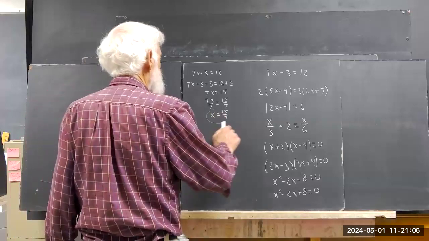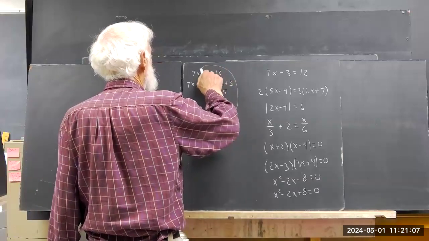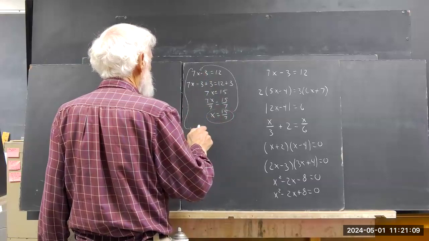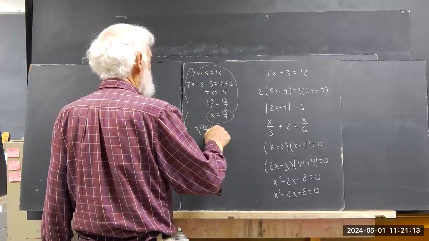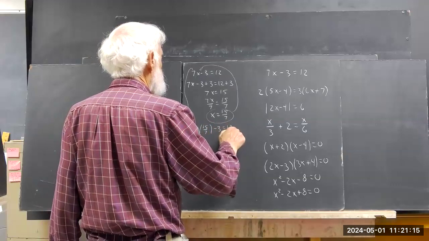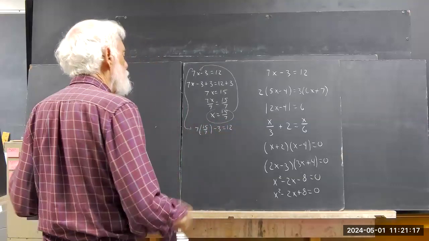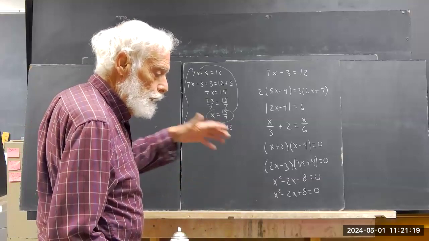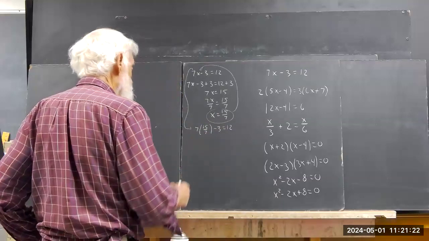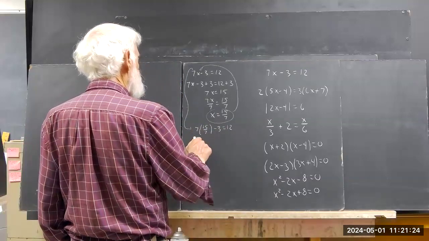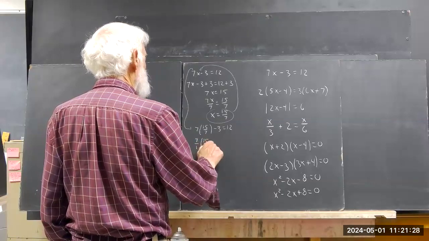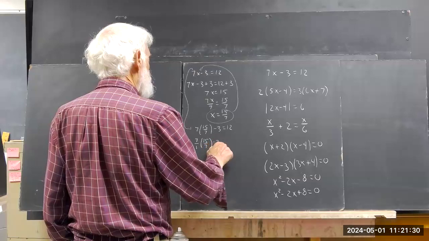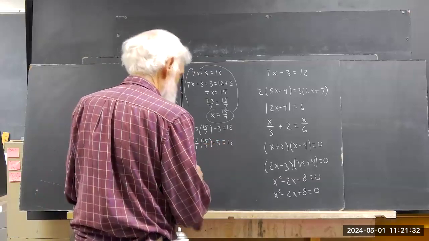So if you put this number back in here for x, you get 7 multiplied by 15 over 7 minus 3 equals 12. Well, now when you multiply fractions, you multiply numerators and multiply denominators. So this 7 times 15 over 7 could really be written 7 over 1 times 15 over 7 minus 3 equals 12.